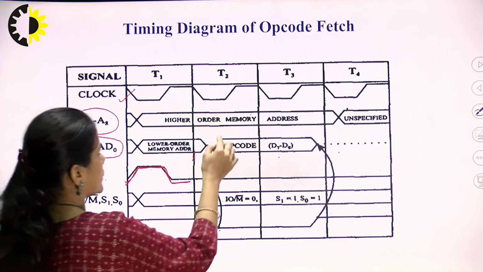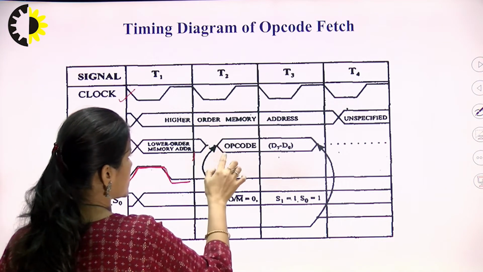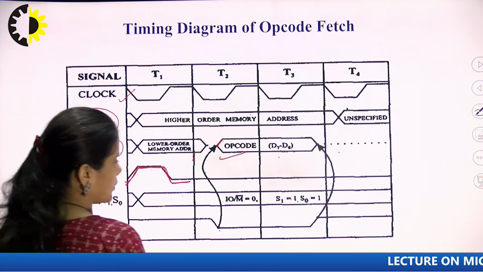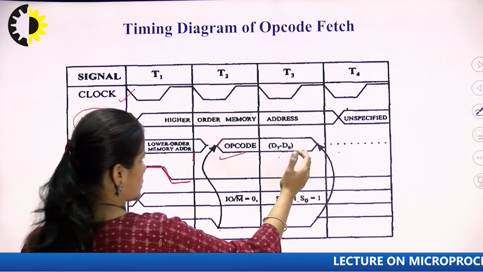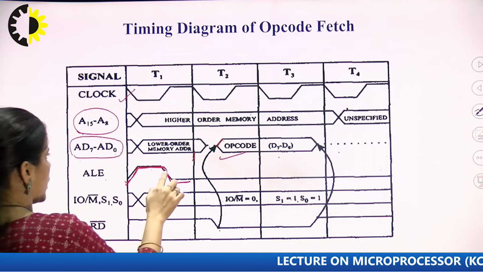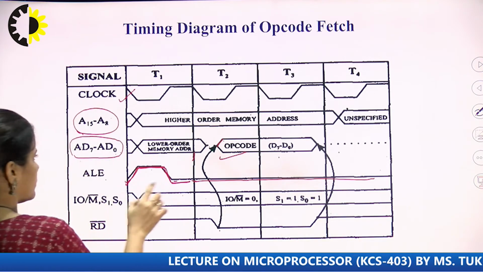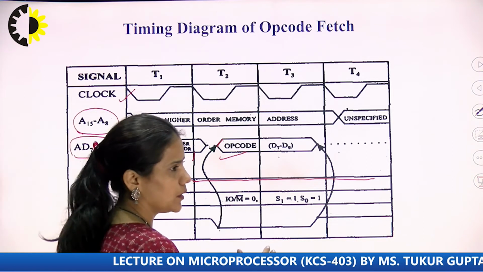In the later part, that is from the T2 state, the lower order data bus is latched here till the next state. After the first state, the ALE signal goes low. It means that the address bus has now been delatched.